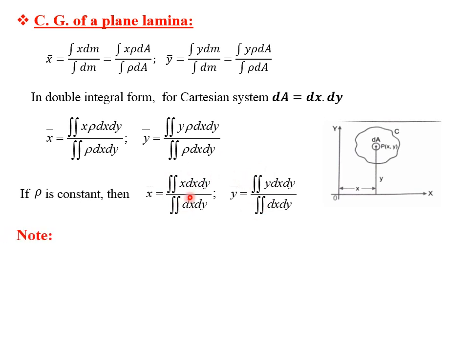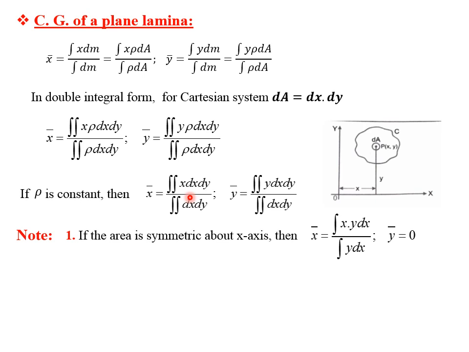Okay. Next is a note. If the area is symmetric about the x-axis, then x bar is equal to, this double integration will turn again to a single integration, the integration of x as it is, but now dx dy will reduce to y dx.